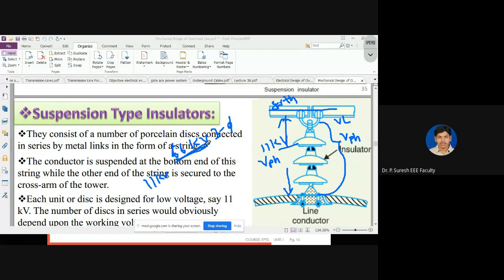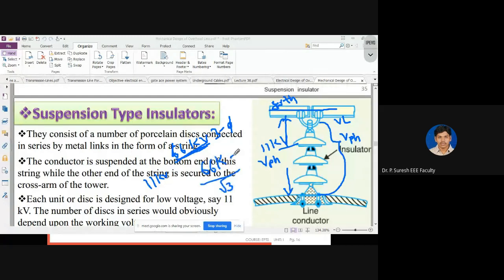But is this 66 kV the line voltage or the phase voltage? It is obviously the line voltage. So we need to calculate the phase voltage: 66 k by root 3.